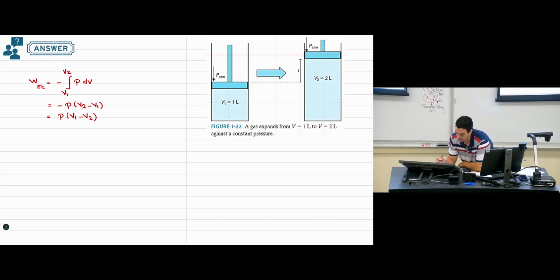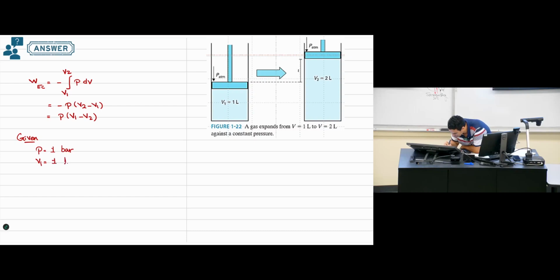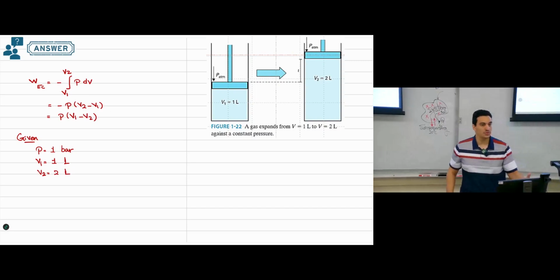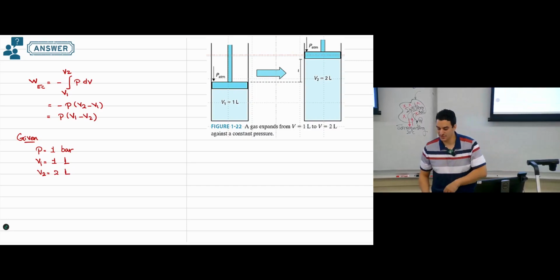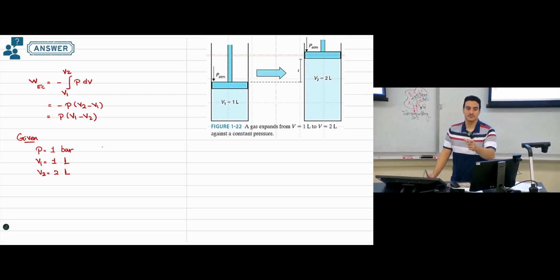So what are the units we have? Here the given pressure is 1 bar, V1 is 1 liter, and V2 is 2 liters. The units are not consistent, so we need to convert all the units to the SI system. What is the pressure in the SI system?